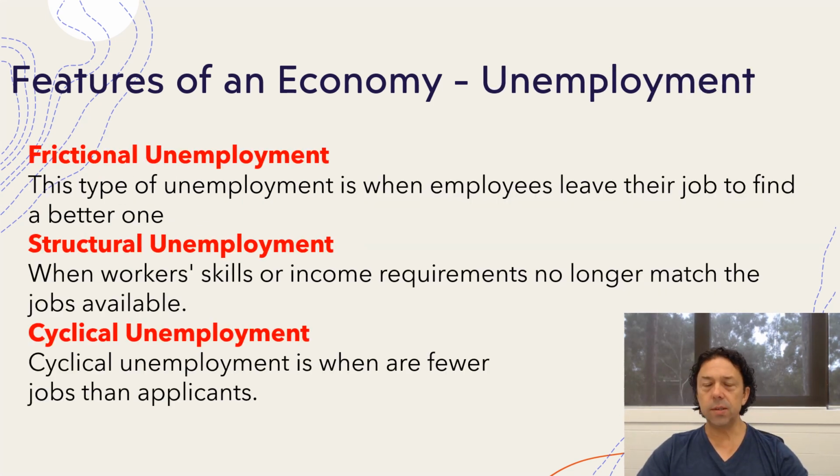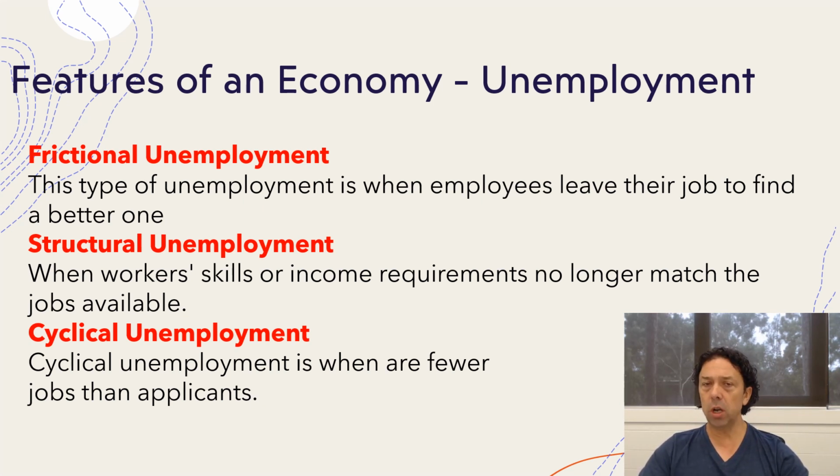The next feature is unemployment, and as per your screen, there are three different types of unemployment: frictional, structural, and cyclical. The frictional one is pretty much when employees change their job for a better one. There is an estimate of around 7 different jobs that people will experience over their lifetime. They move for the simple reason of better working conditions and, of course, pay.